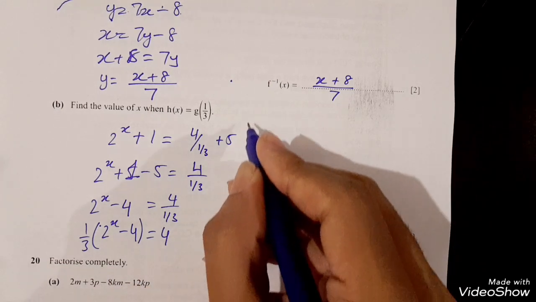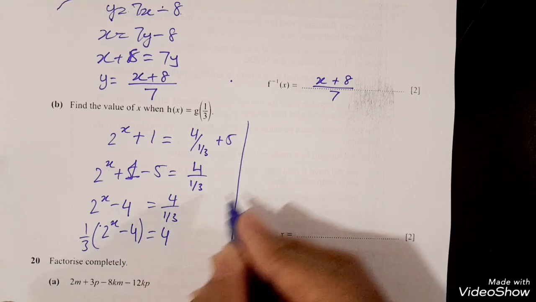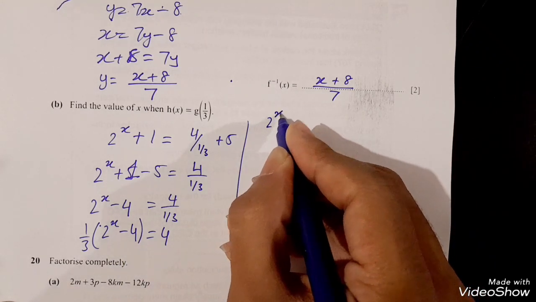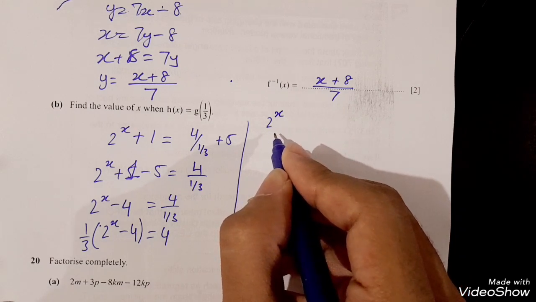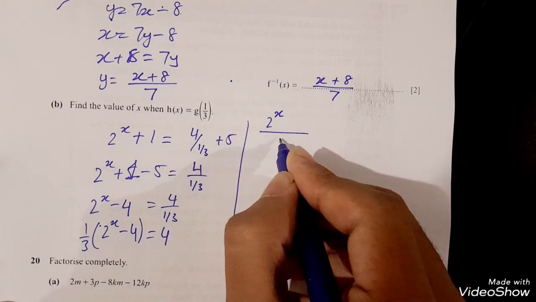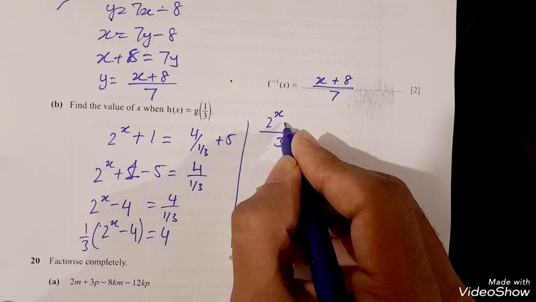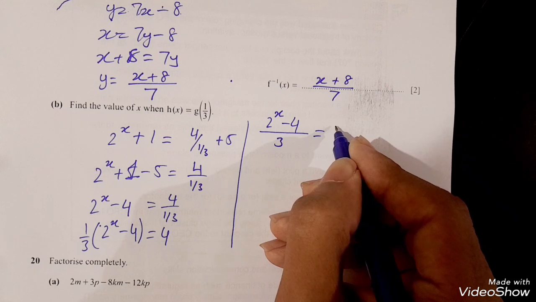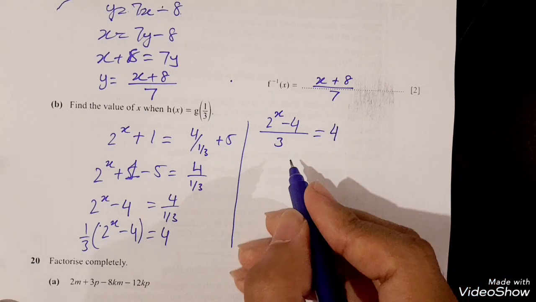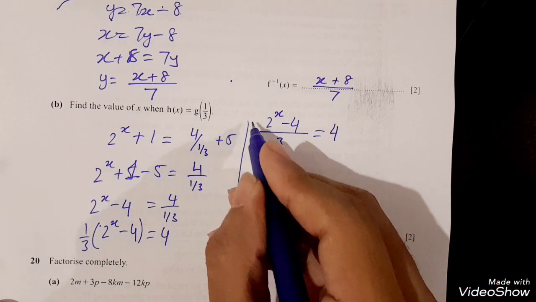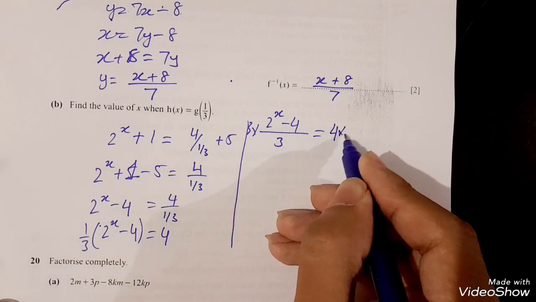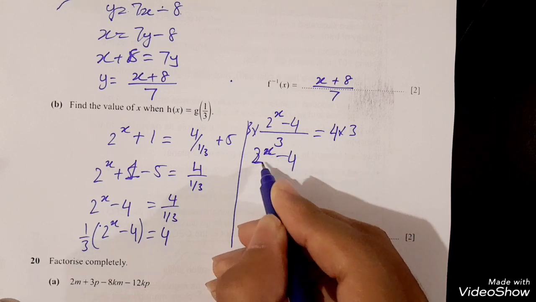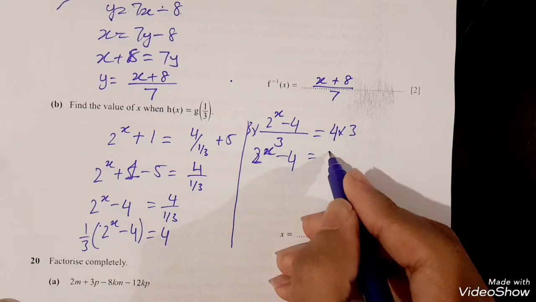So then we will multiply this. So 2x over 3 minus 4 is equal to 4. Then we move 3 over here and multiply, which will be 2x minus 4 is equal to 4 threes are 12.